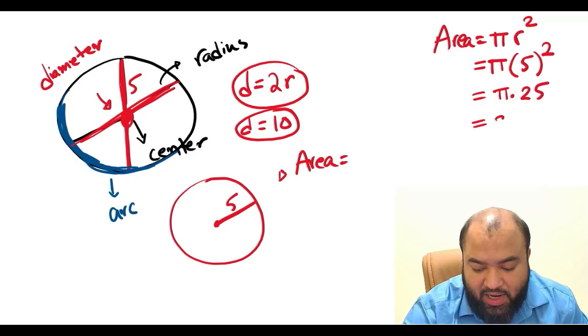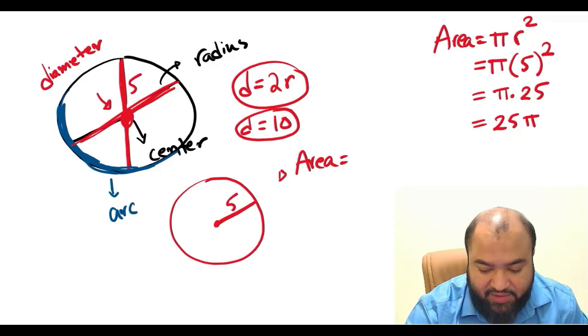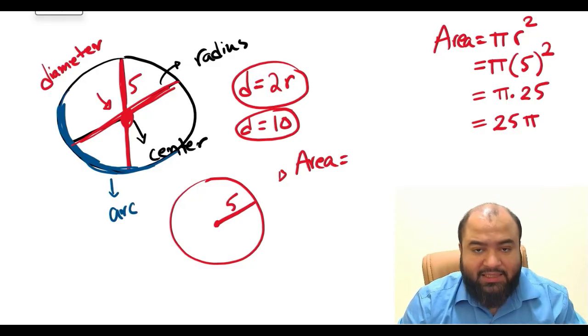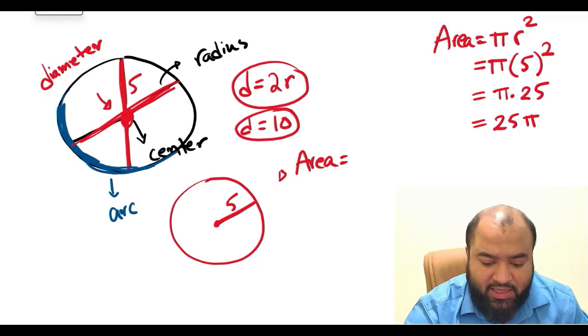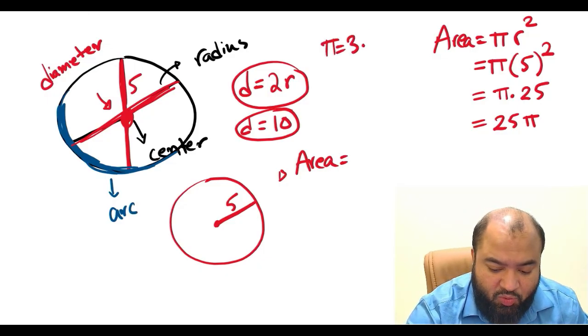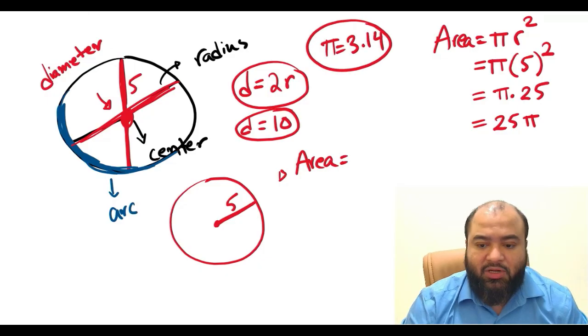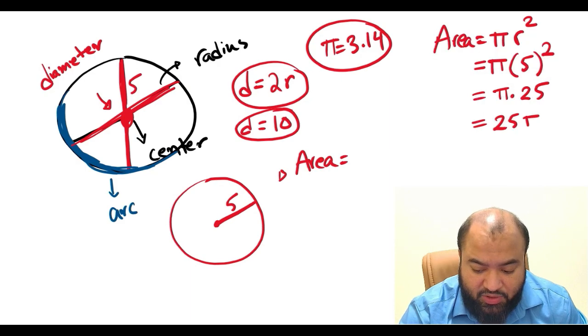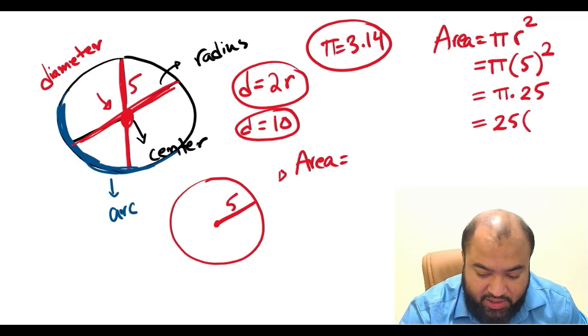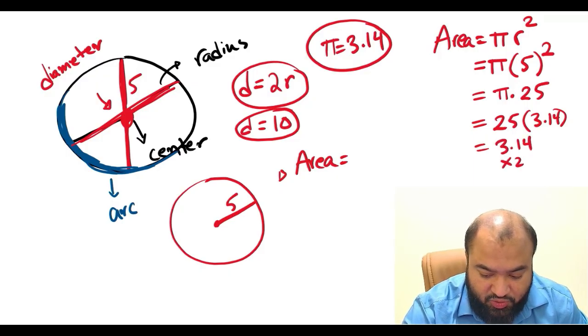Now, we prefer to write the number first and the pi after. Pi itself actually has a value. Do you know the value of pi? You are correct, it is 3.14. It's a decimal number. If they want you to find the exact number, then we erase the pi and replace it with 3.14, and multiply 3.14 with 25.